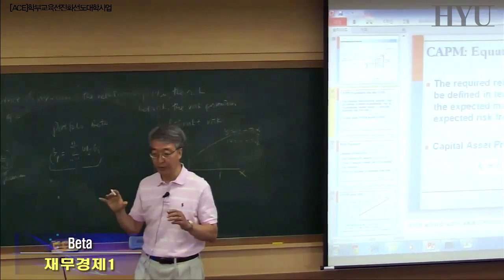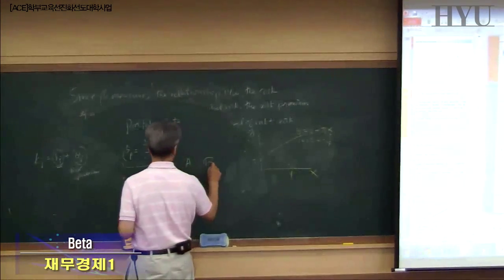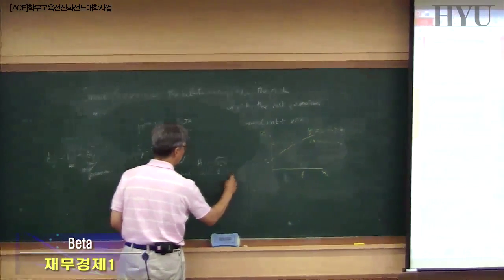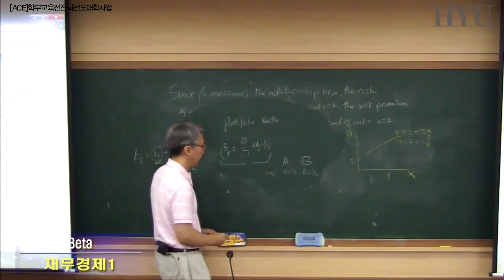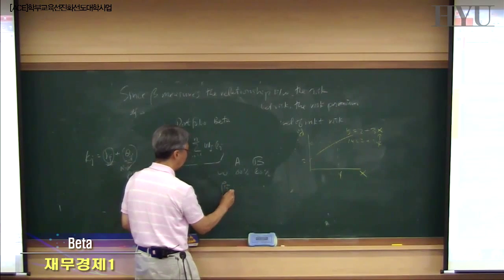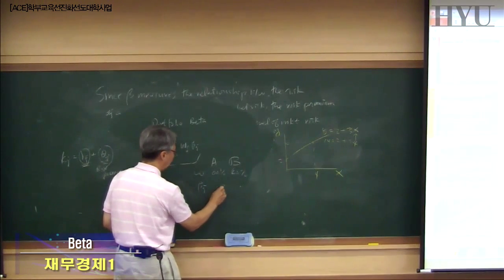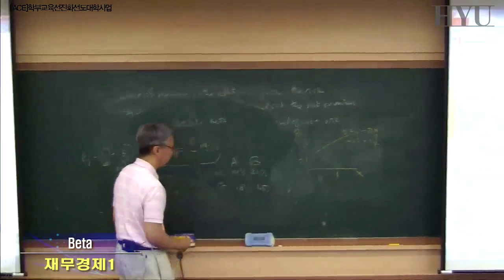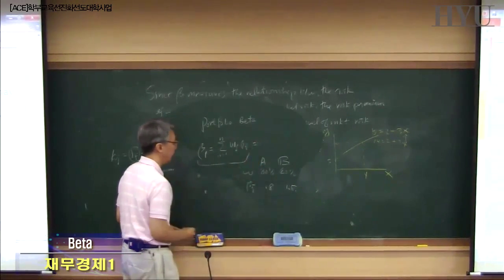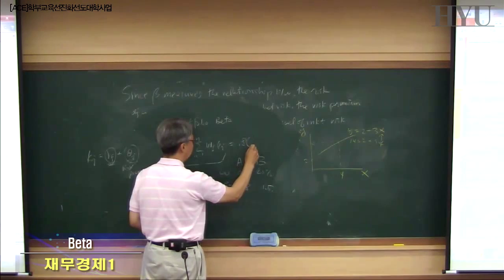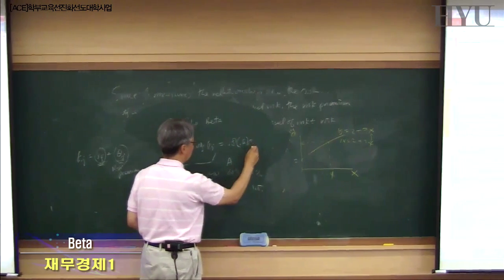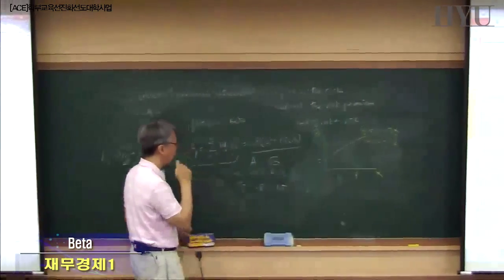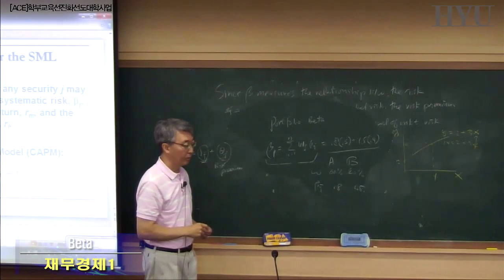So if you have two stocks, say A and B, and you have 60% and 40% weights in the two stocks, and the beta of stock A is, say, 0.8, and the beta for stock B is 1.5, then the portfolio beta is simply 0.8 times 0.6 plus 1.5 times 0.4, right? That's how you calculate portfolio beta.